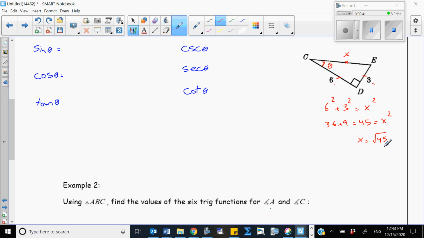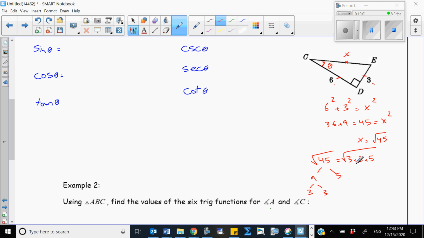Now all I need to do is simplify this radical form. I know that 45 is 9 times 5, and 9 is 3 times 3. 5 cannot be simplified more, so I'm just going to keep that. So 45 is 3 times 3 times 5. What is the square root of that?